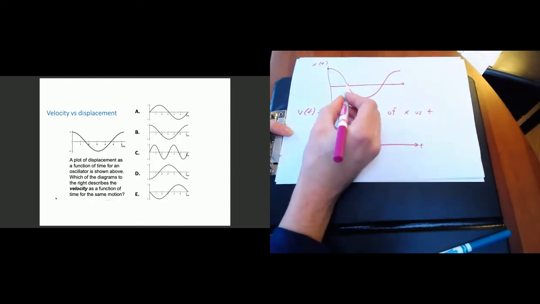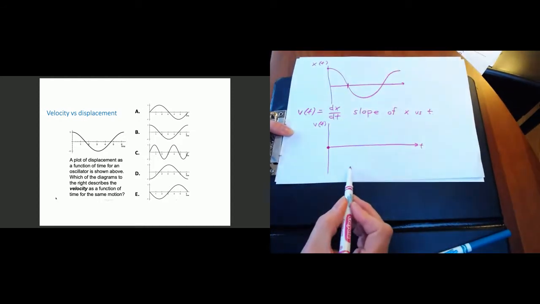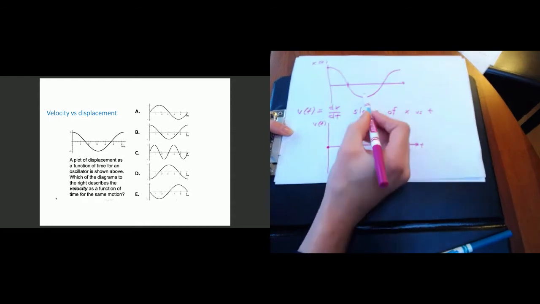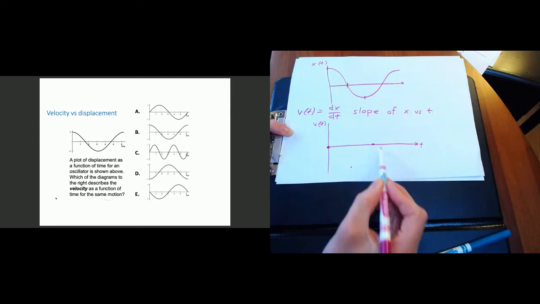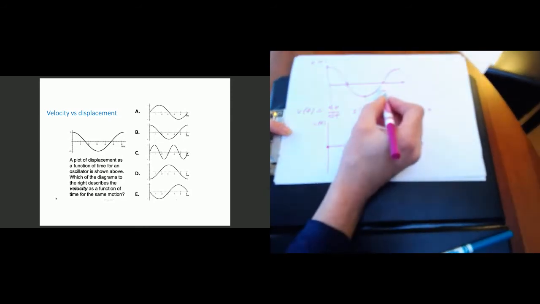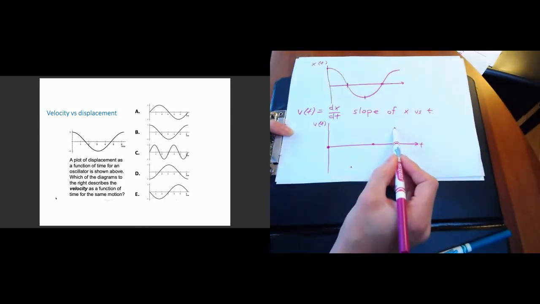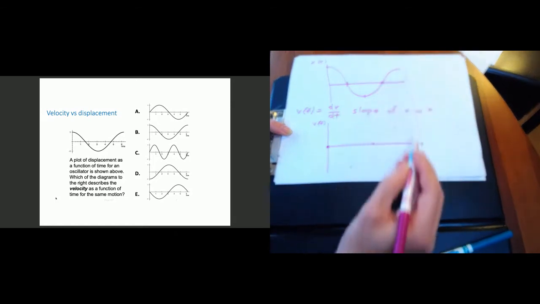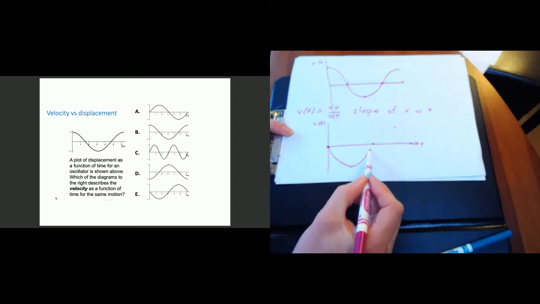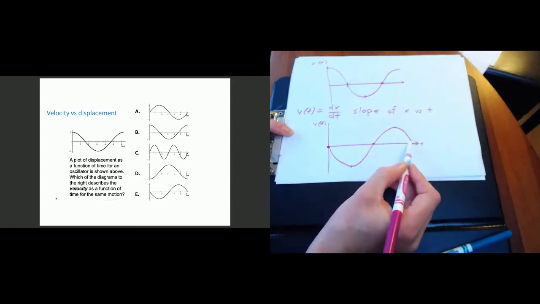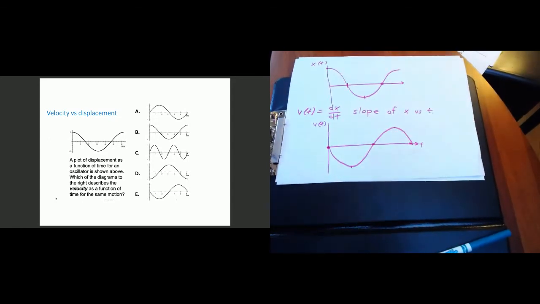At this point here, the slope is some maximum negative value before going back to 0 at the middle point of this graph. And then the slope becomes positive, reaches some maximum value, and then finally is 0 again. And so our slope versus time graph, which is the velocity, looks like this one. Okay. And so we can see that in this case, the answer is E.